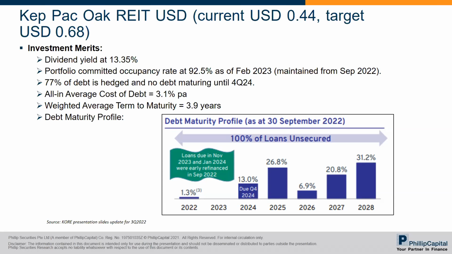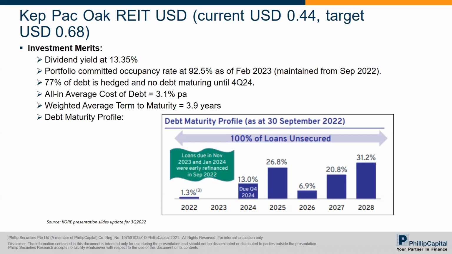They have a committed occupancy rate of 92%, and 77% of their debt is hedged, and they do not need to refinance until the fourth quarter of 2024. The all-in cost of debt is at 3.1%, and the weighted average term to maturity is almost 4 years.